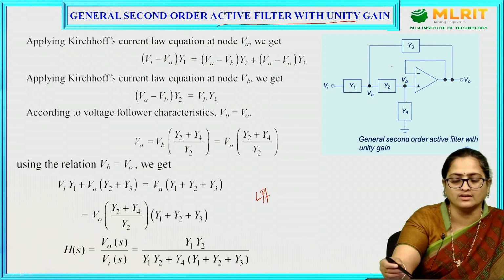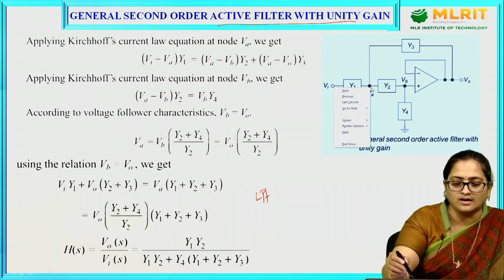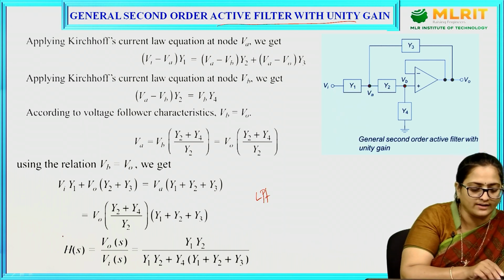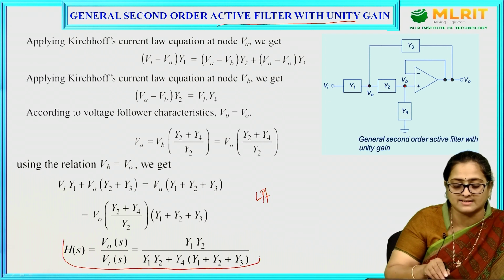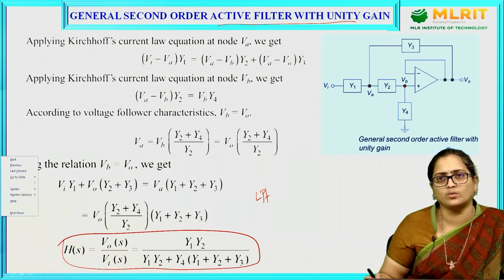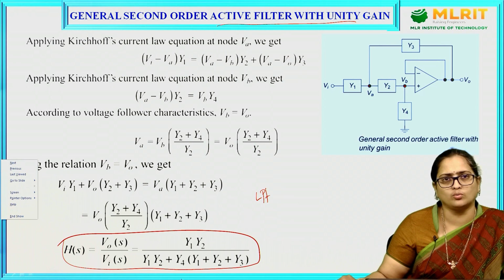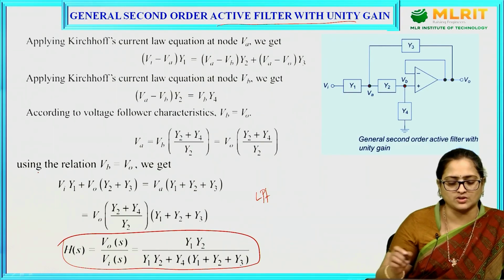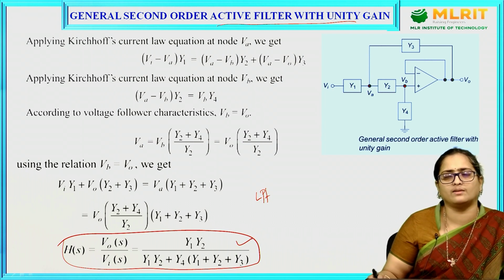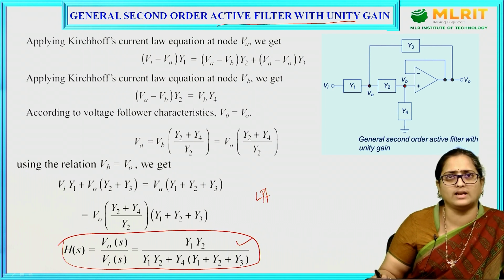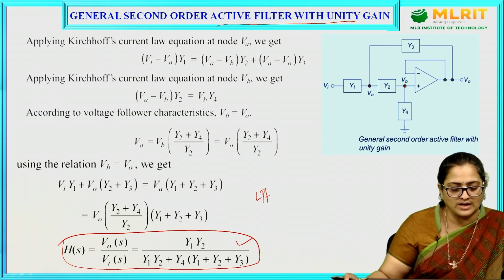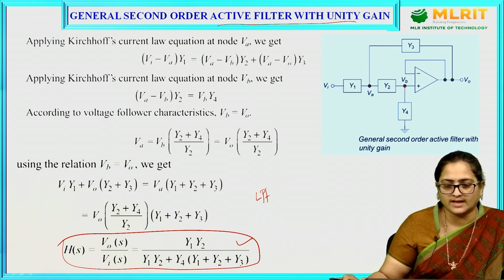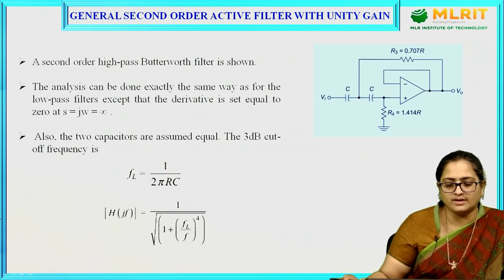By applying KCL over this node and over this node, and by solving, you get the transfer function of this generalized second order filter as y1 y2 divided by y1 y2 plus y4 into y1 plus y2 plus y3. I am using this directly here to design a second order high pass filter.